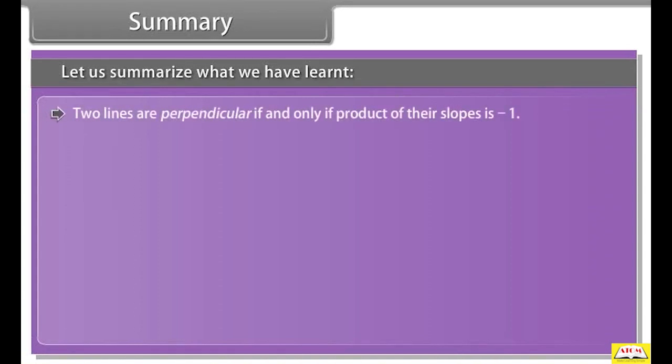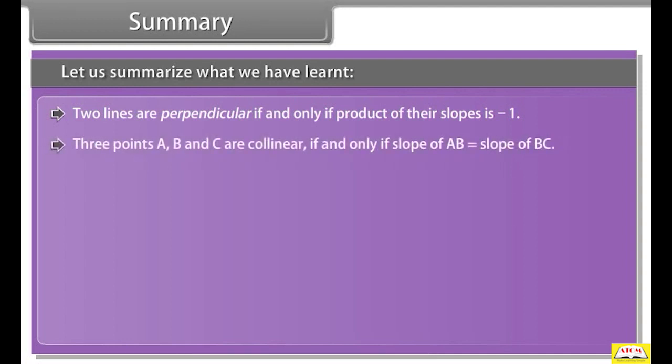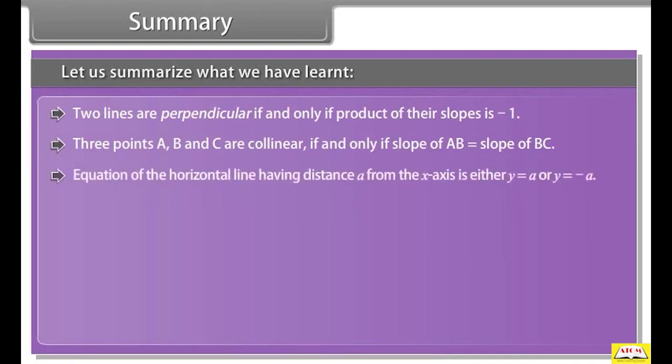Two lines are perpendicular if and only if the product of their slopes is minus 1. 3 points A, B and C are collinear if and only if the slope of AB is equal to slope of BC. Equation of the horizontal line having distance a from the x-axis is either y is equal to a or y is equal to minus a.